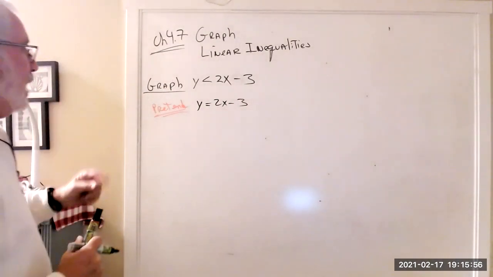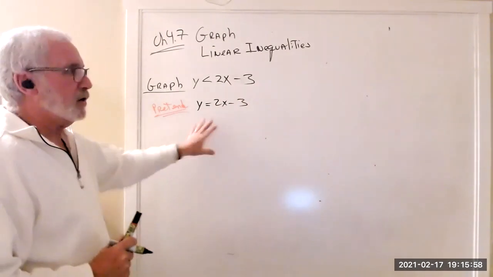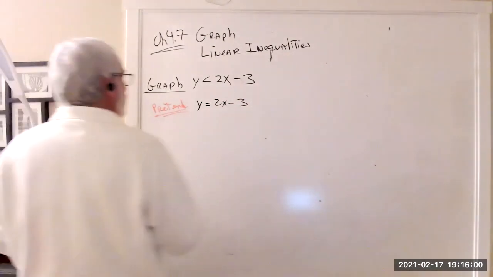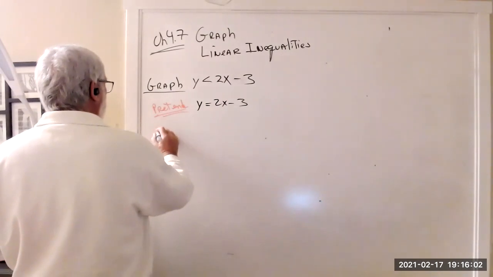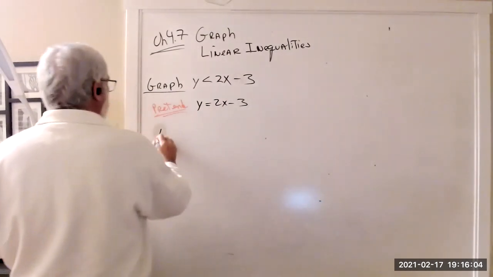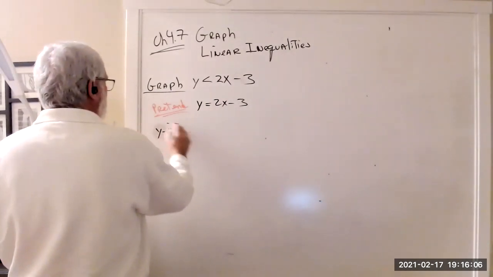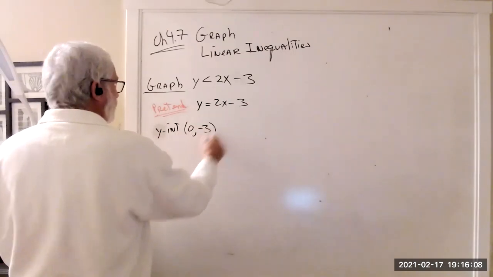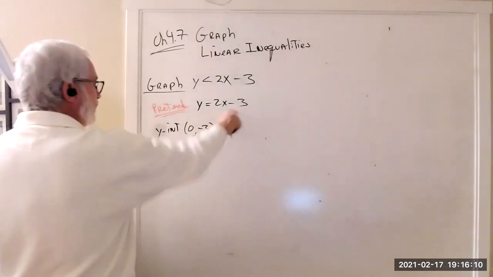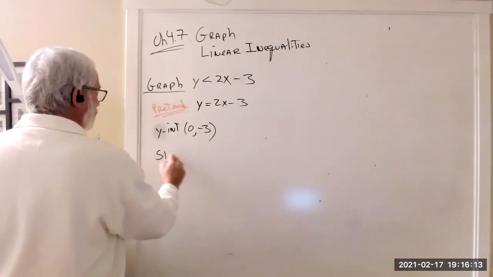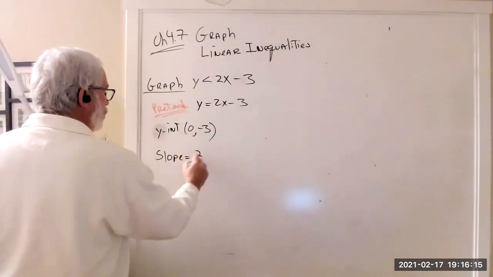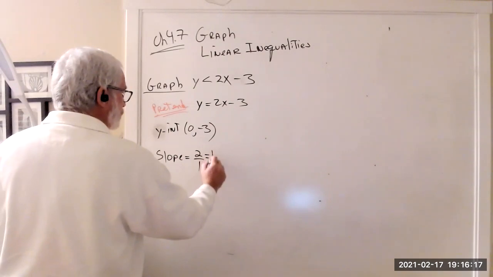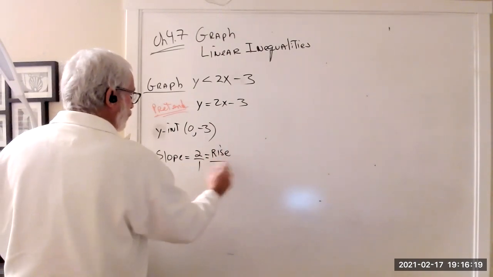And what we learned last night to graph this is that our y-intercept is (0, -3). We can just look at it and see, and our slope is 2/1, which is also rise over run.